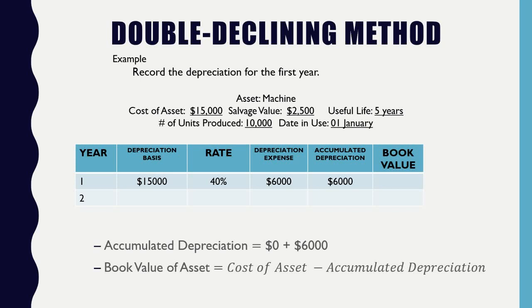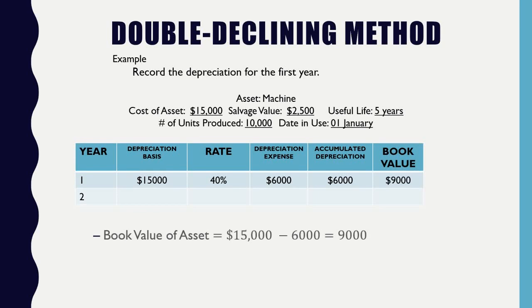Now we need to solve for our book value. It's the cost of the asset of $15,000 minus the accumulated depreciation of $6,000, which leaves us with $9,000. That's the first year of depreciation.